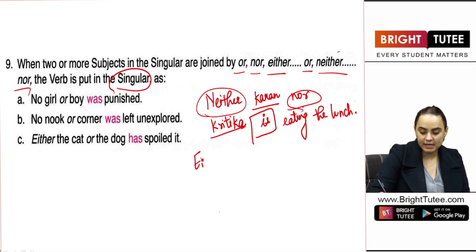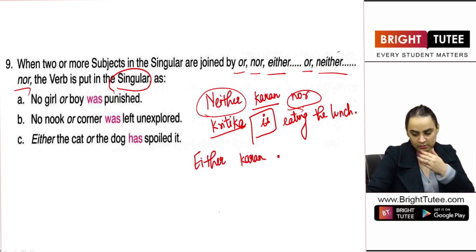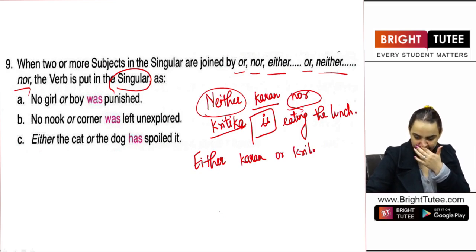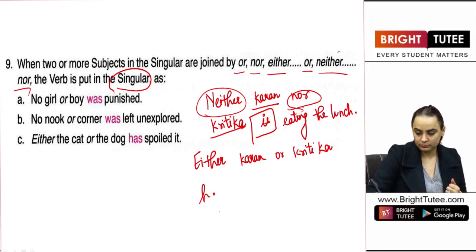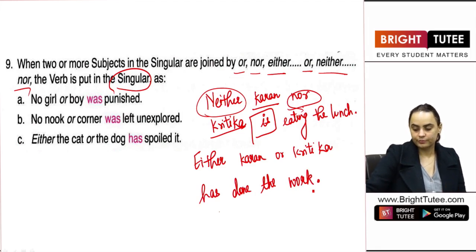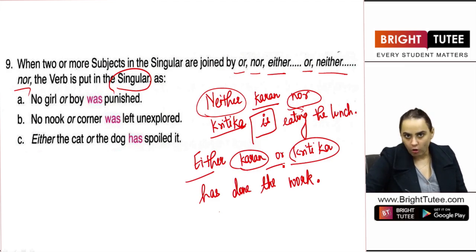Similarly, if I say either Karan or Kritika has done the work. Again, two subjects joined with one another using the conjunction either or.